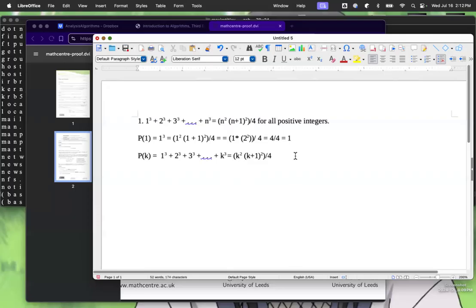Well, if this is the statement P of K, then P of K plus 1 would be as follows.